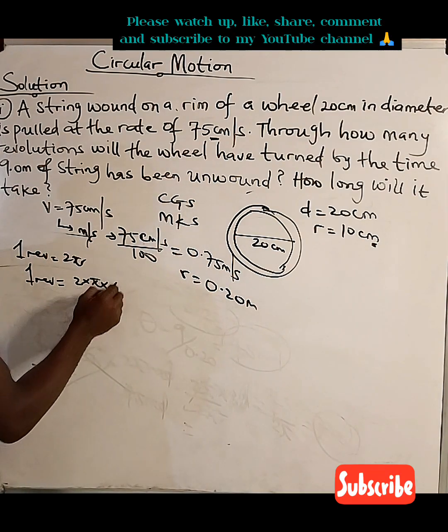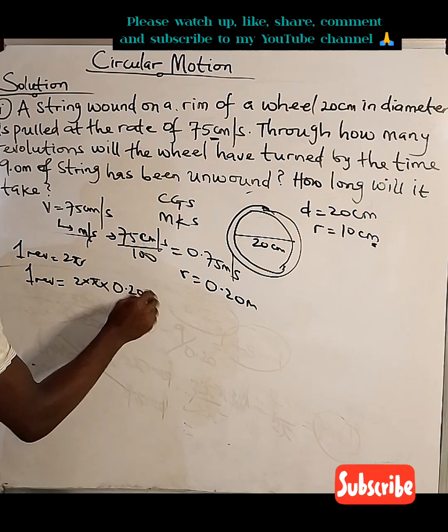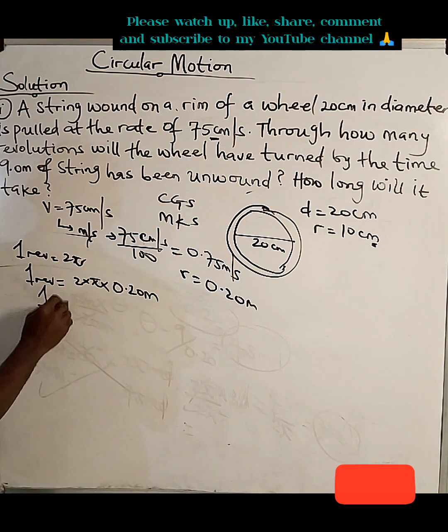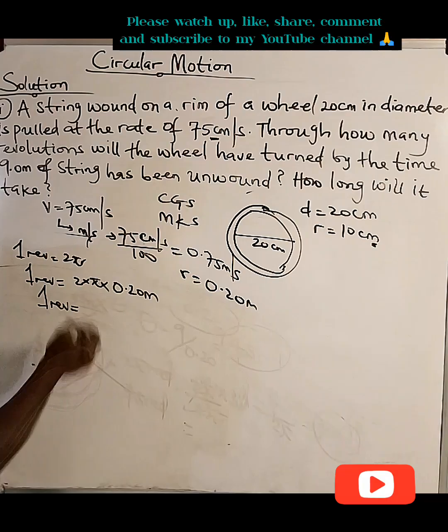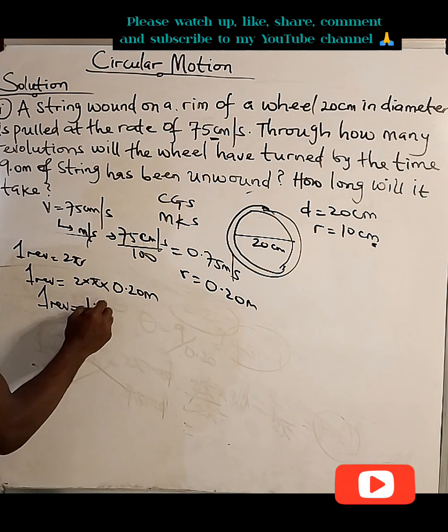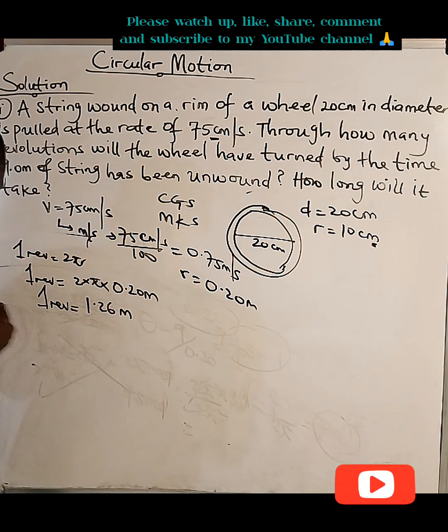So 2 pi times 0.2 will give us about 1.256, which is 1.26 meters. So one revolution is 1.26 meters.